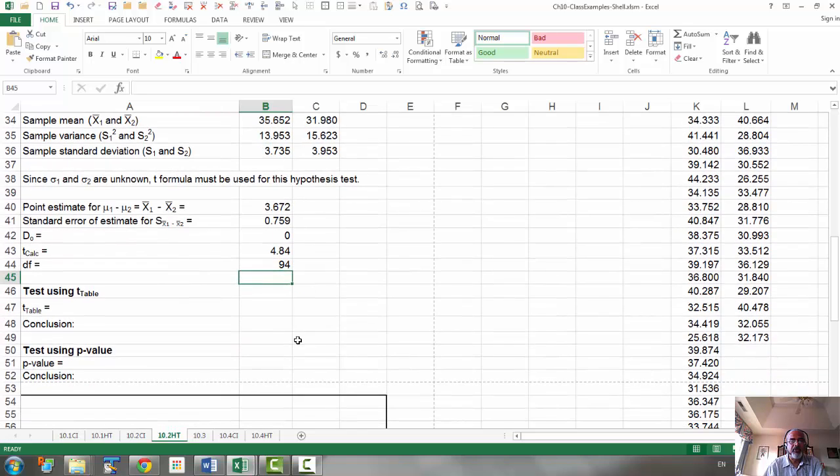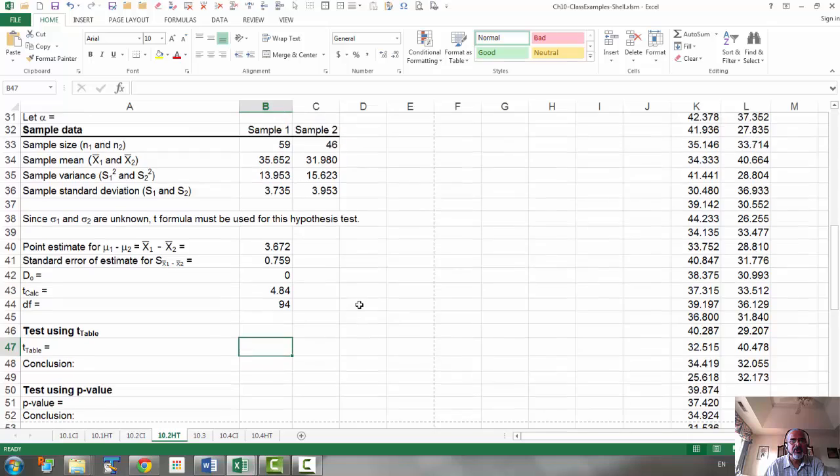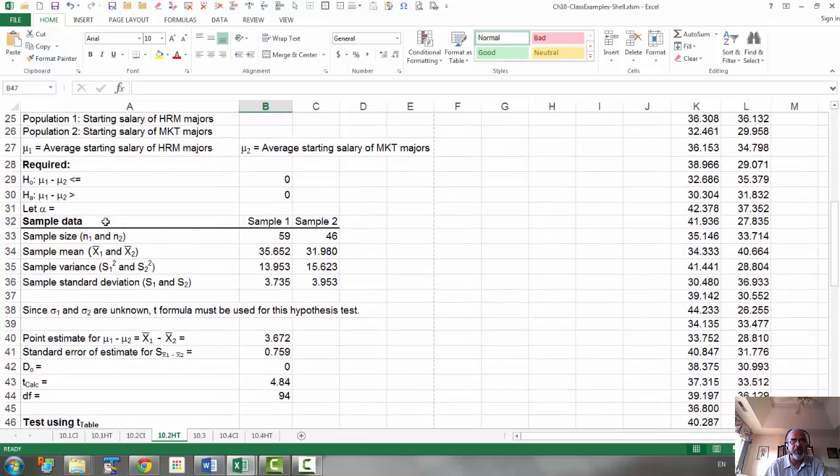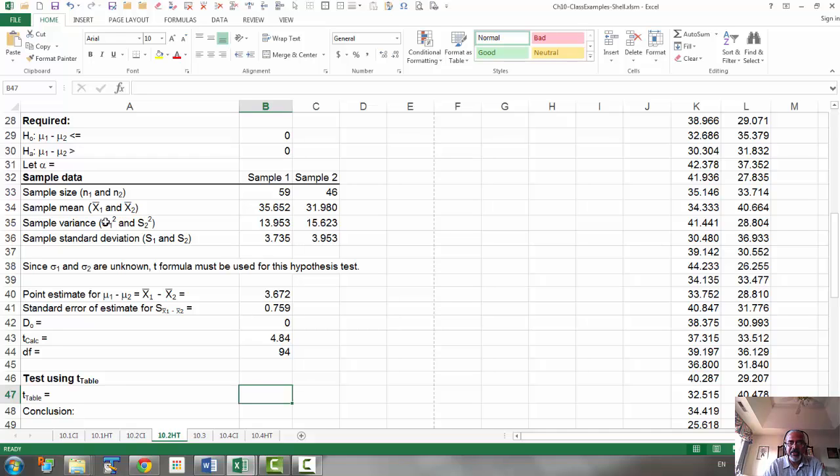Now we need to finish the test. We can use the T-table approach, in which case we set up the T-table value. We need to look at the alternative hypothesis. We want the right hand side. So we have the T.INV function, and the probability that we need to use is the cumulative probability, which means we need to go 1 minus alpha.